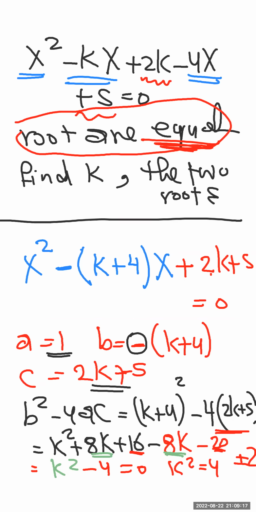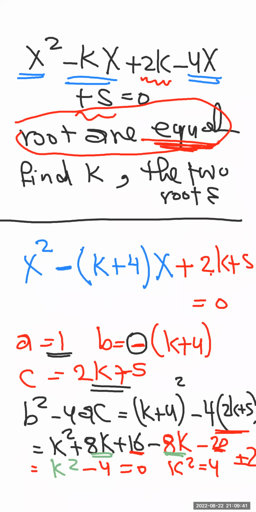Correct, guys? Correct. Are we clear till this point? Yes. Okay. So now I got the value of k. It will equal positive or negative 2. So the next step is to get the two roots.